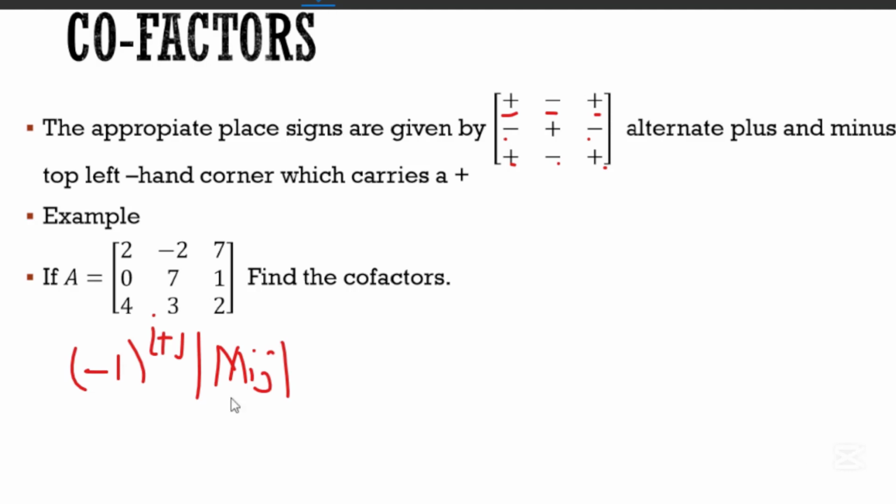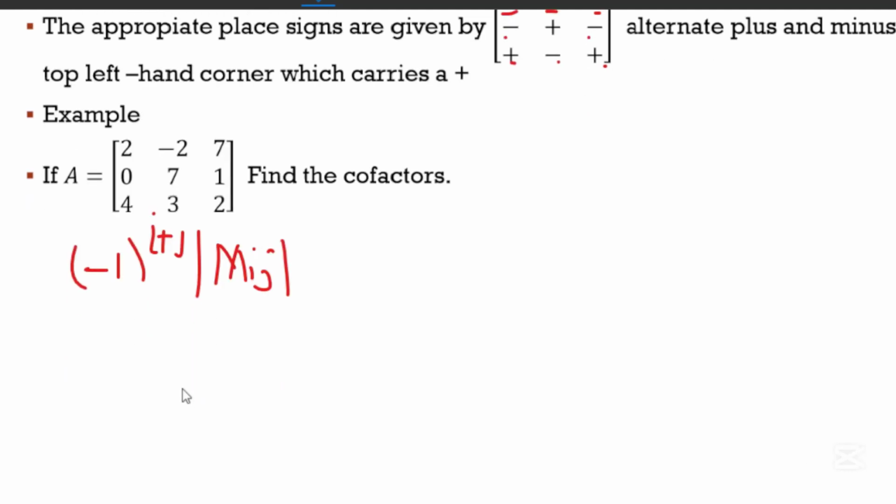In this question, we are to find all the cofactors of A. So we will start with the first one, which is C11. Our C11 equals (-1) to the power 1 plus 1, since the first row and first column, which is the same as A11.